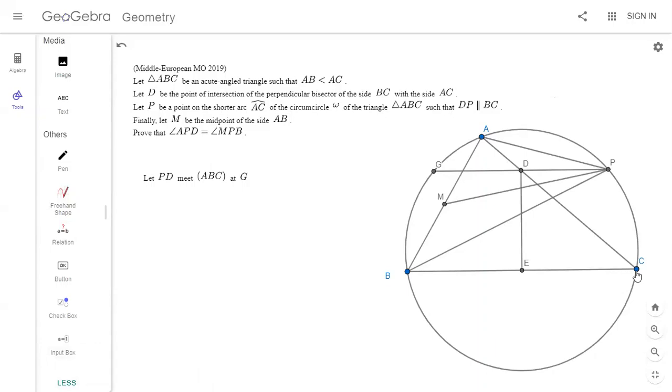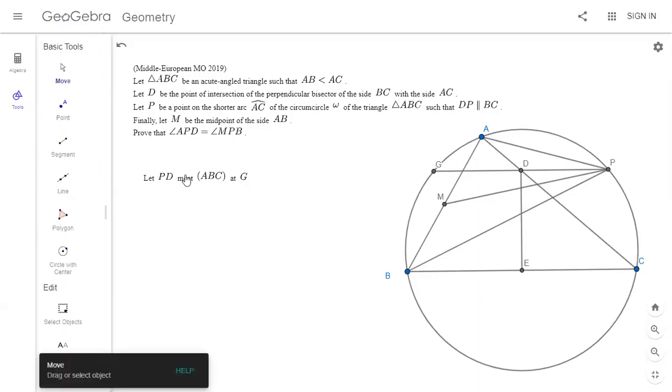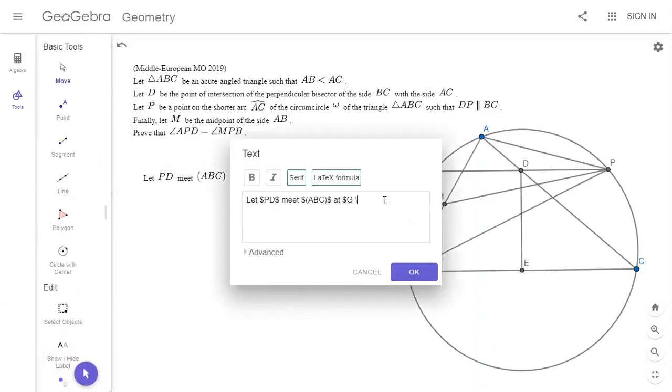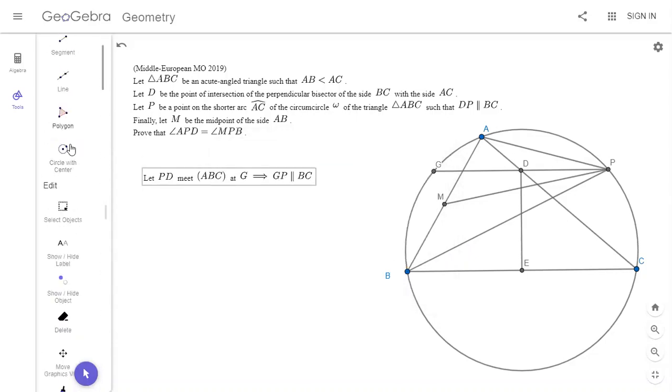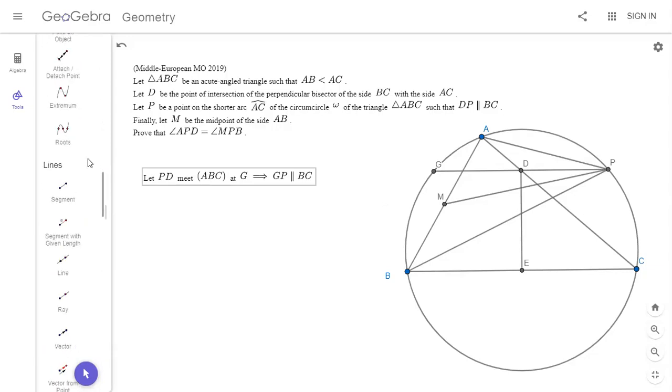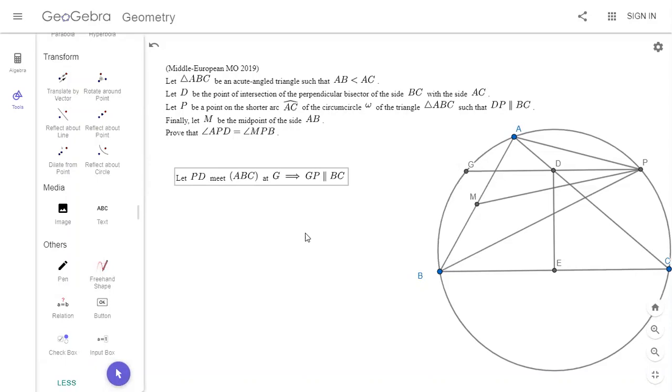So we can project through point C. I should make this 2 wide.